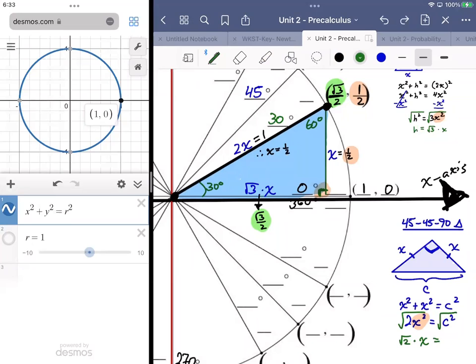We're ignoring any negatives here because we're talking about a geometric figure. When you take the square root, it's normally plus or minus, but since we're talking about a geometric figure, we don't expect it to be negative in length. So the c value, the hypotenuse of a 45, 45, 90 right triangle, would be radical 2 times x.